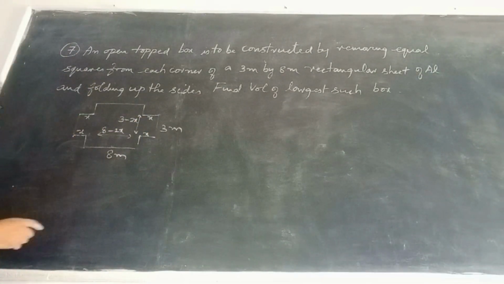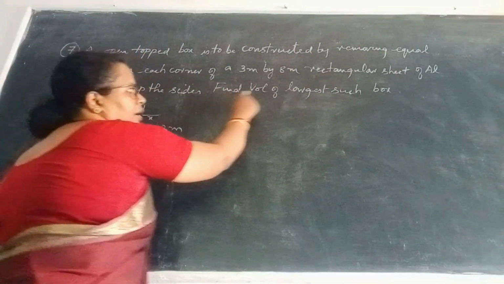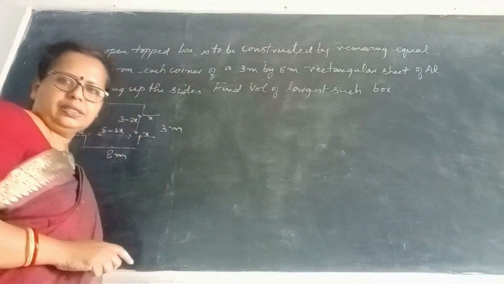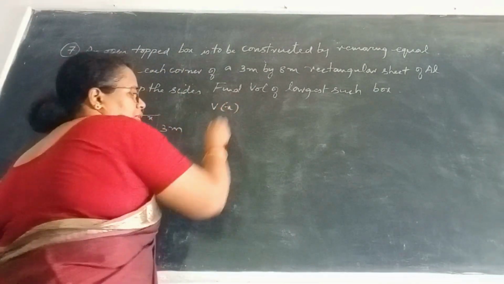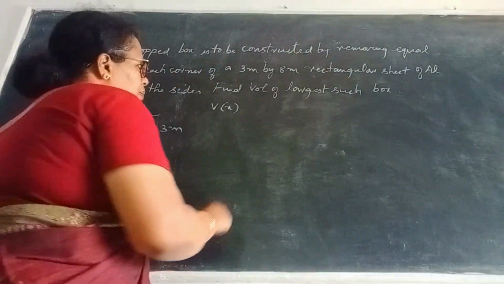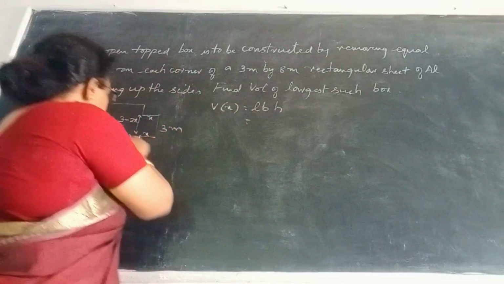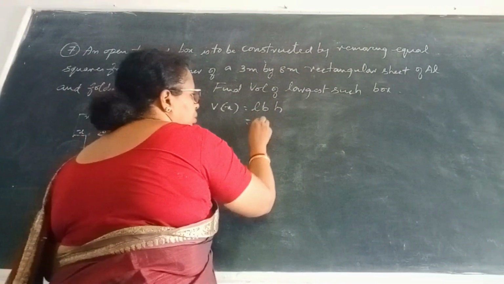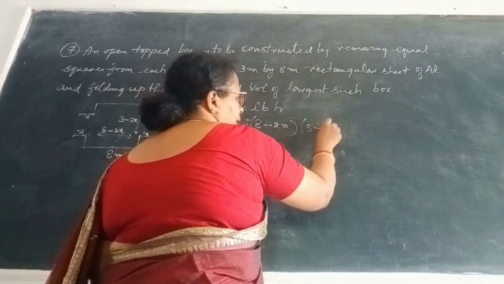And what is the height of the box? x. Now which function is required? Volume of the largest such box, so the volume function is required. What is V of x? It is a rectangular box, so volume is L B H. What is L? We got 8 minus 2x. And what is breadth? 3 minus 2x.